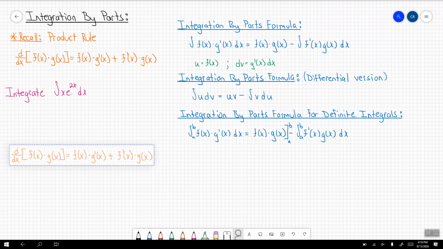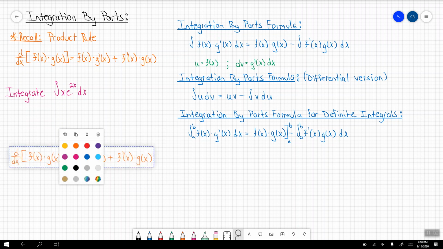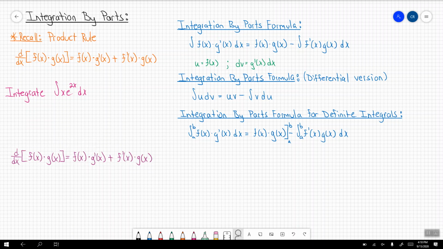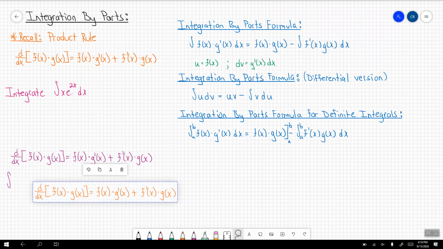Okay, here we are. Now let's change the color here. Perfect. Okay, so once I have this formula that I am working with, what I'm going to do at this point in time is integrate both sides. So I'm going to integrate this formula. My apologies, I'm just copying and pasting here.